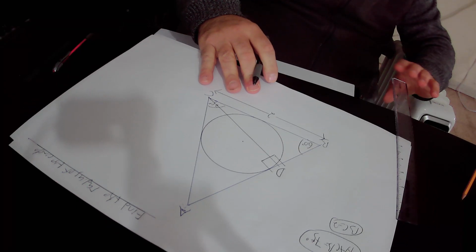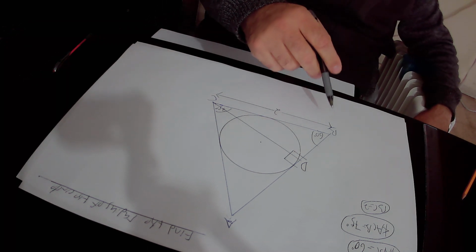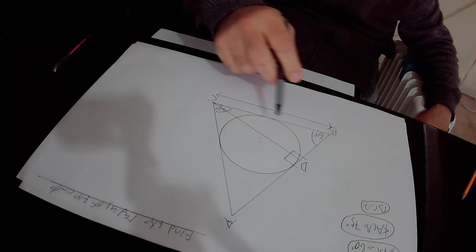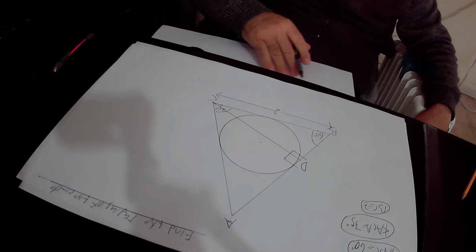In the next step, we focus on the right triangle BDC. So I'll copy triangle BDC in the new page, and we will analyze this triangle BDC.